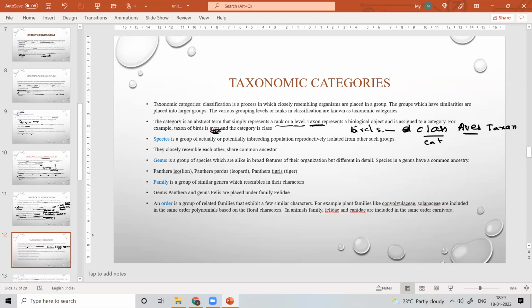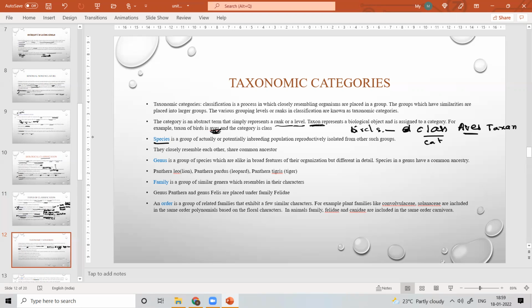So basically, they closely resemble each other. What are the different levels of the taxonomic categories, the types and subtypes? We start with species.